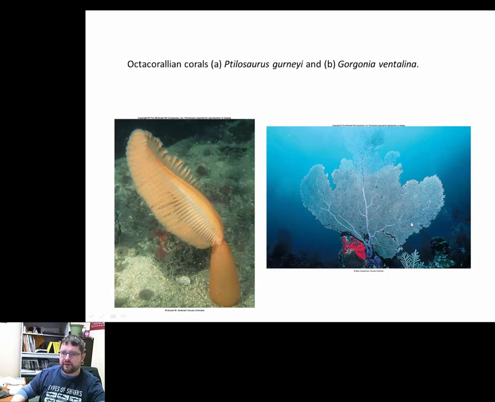It does still have that rigid structure. It's just different than what a reef-forming coral or a stony coral would have.